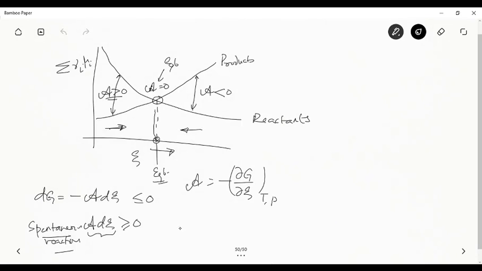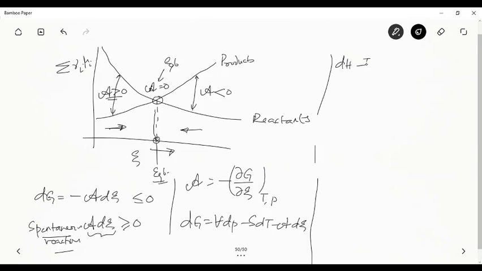So I write dG is equal to V dP minus S dT minus A d xi. Then from the definition of G, which is H minus TS, we can write dH minus T dS minus S dT is equal to V dP minus S dT minus A d xi.